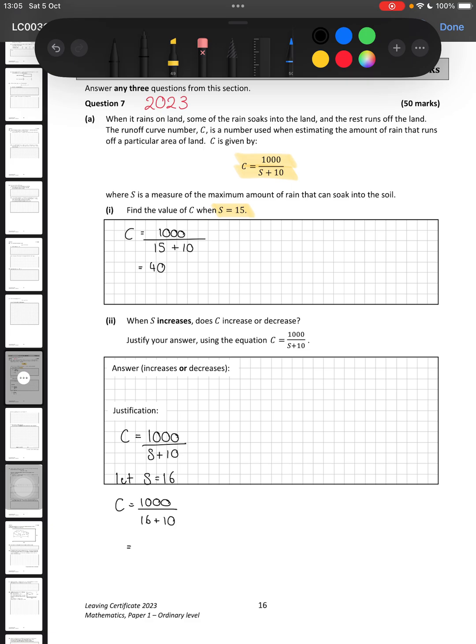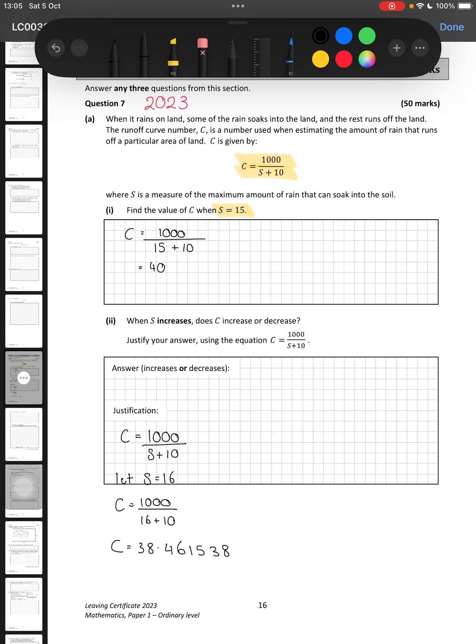So 1000 over 26 instead of 25. And we get 38.461538. So the number for C has gone down.